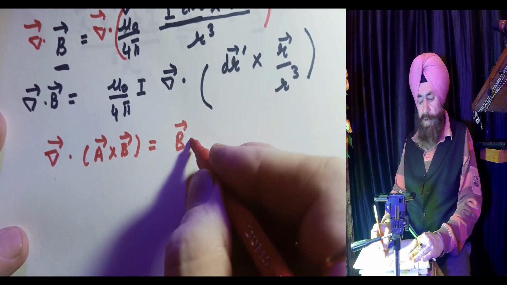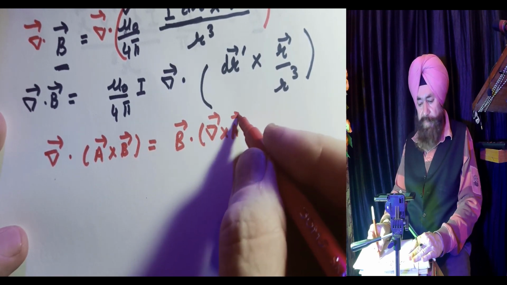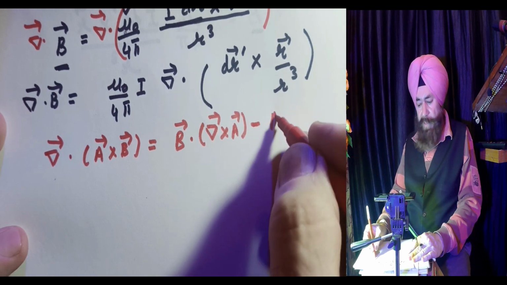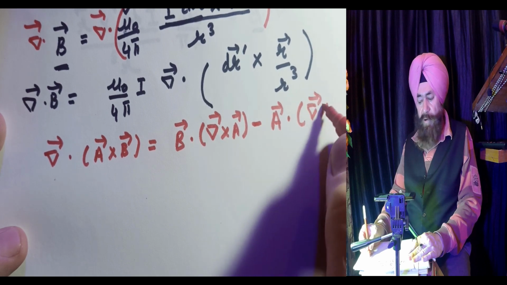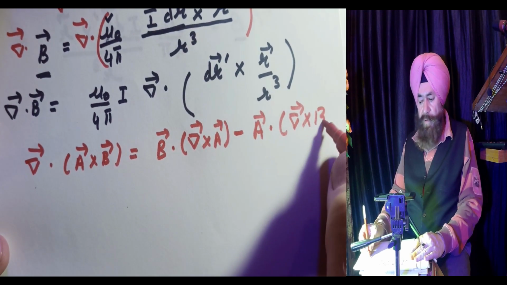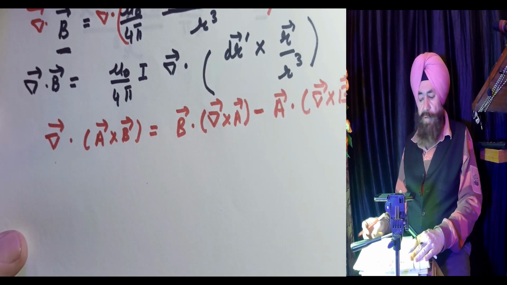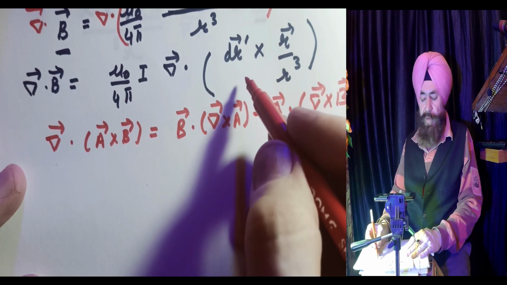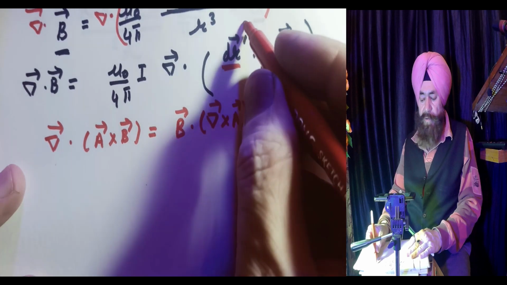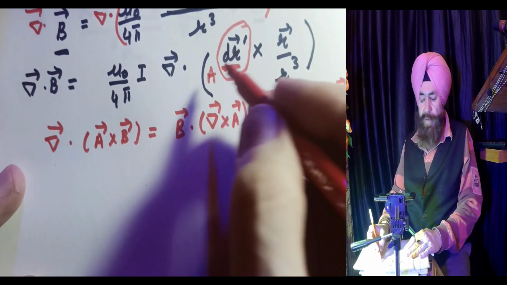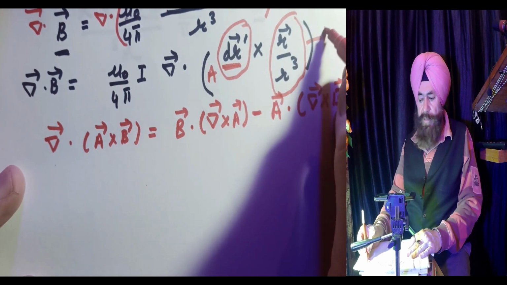It is B vector dot the curl of A vector minus A vector dot the curl of B vector. Now what about here? We are having here, this is A and this is B.